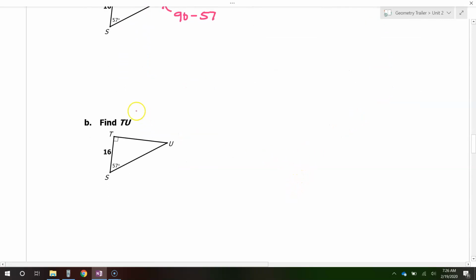All right, next we're going to find the measure of side TU. Well, let's go ahead and put an X there, since that's what we're looking for. So what are we going to do? It looks like we should use sine, cosine, or tangent. So where is the hypotenuse?